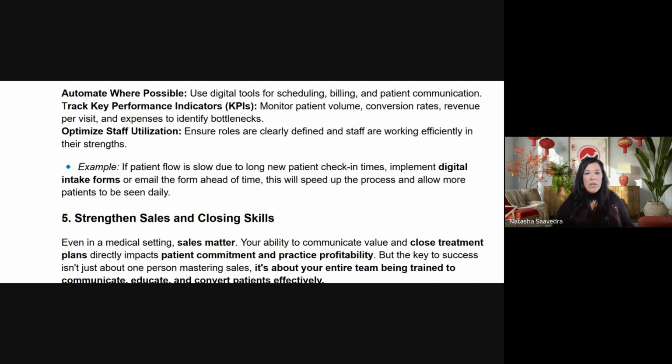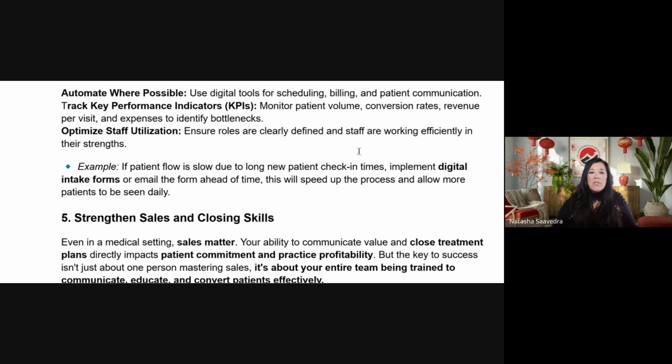If you're not doing this, this will destroy your efficiency and profitability. Optimize staff utilization. Ensure roles are clearly defined and staff are working efficiently in their strengths. This is always good to do a personality or a DISC assessment with your team to understand where they're at.